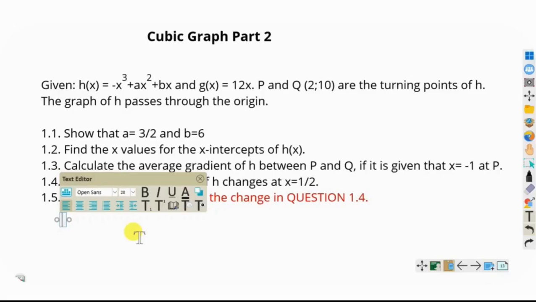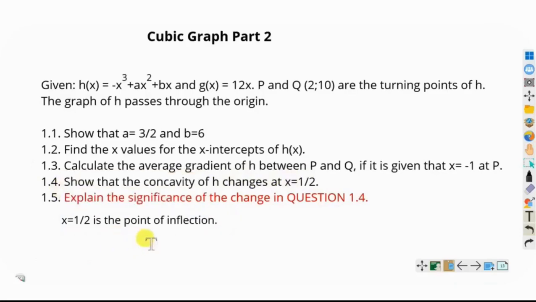So here I'm going to say x equals 1 over 2 is the point of inflection. So that is the significance of that value that we got on 1.4.